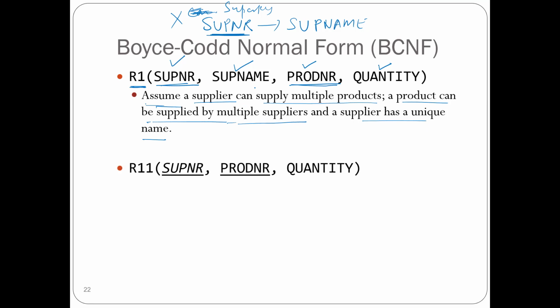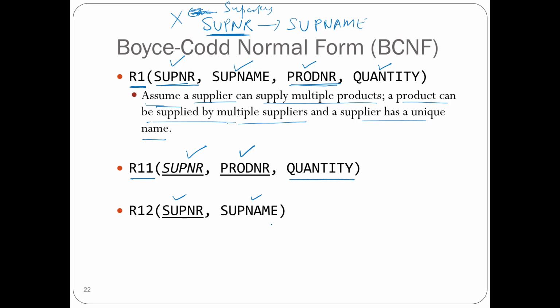So how will we make it BCNF? We will have to break it down. By breaking it down, you will have one relation R11 where you keep the supplier number, product number, and quantity, and a second relation R12 with the supplier number and supplier name.